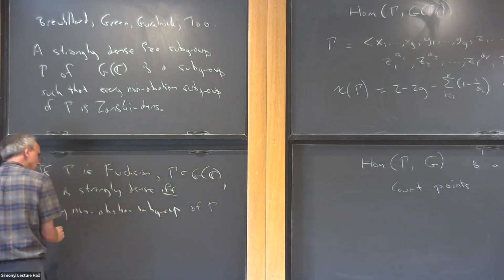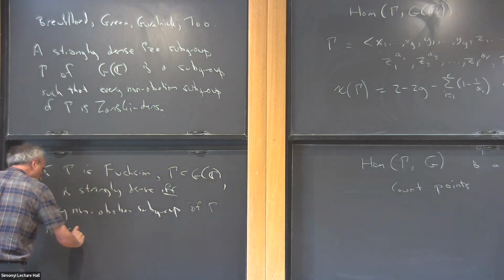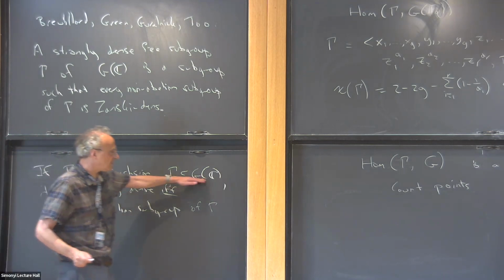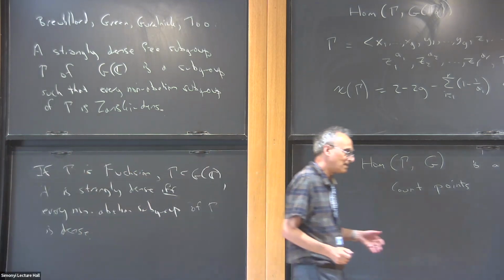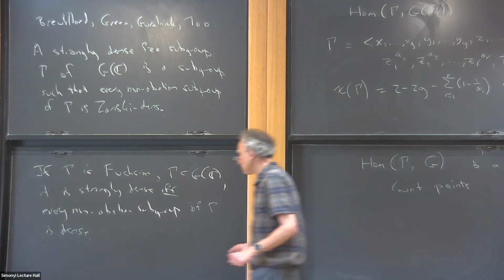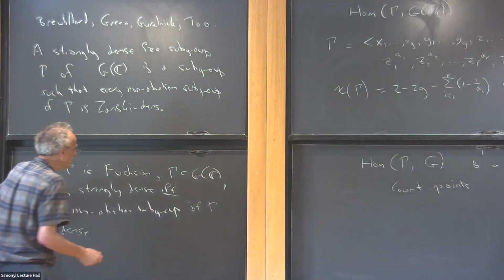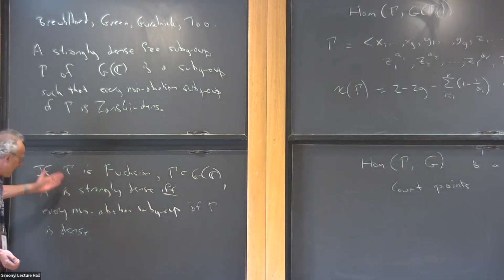Again, this is Zariski-dense. Though if you wanted to play a game like this, not with complex groups but with compact groups, you could even talk about density in the usual sense.